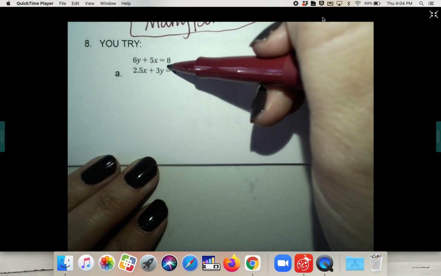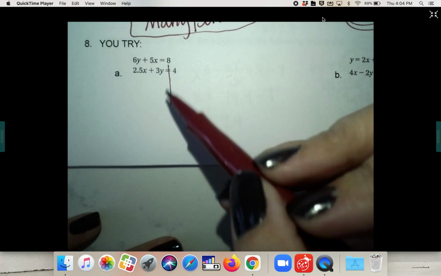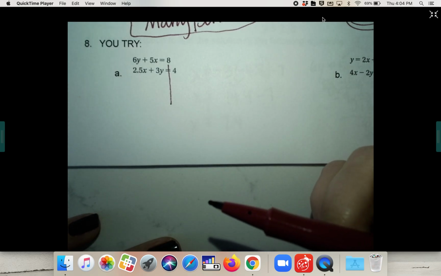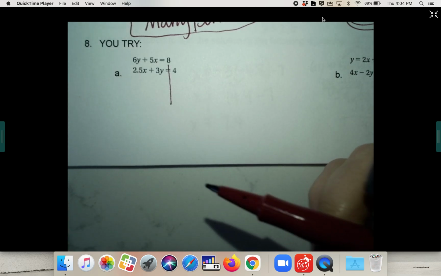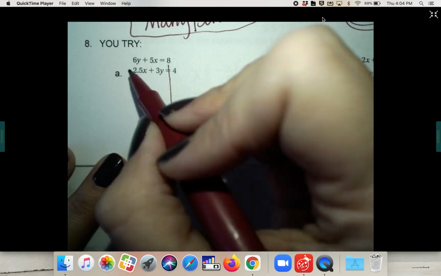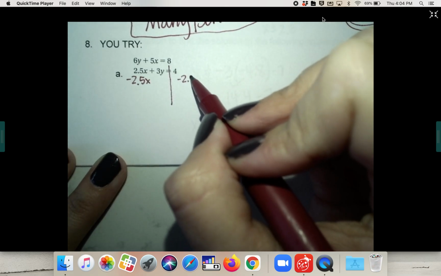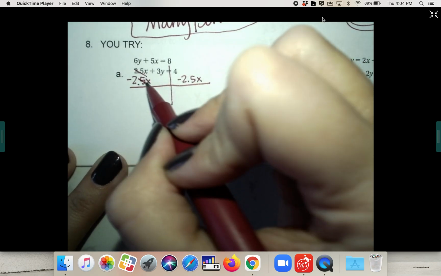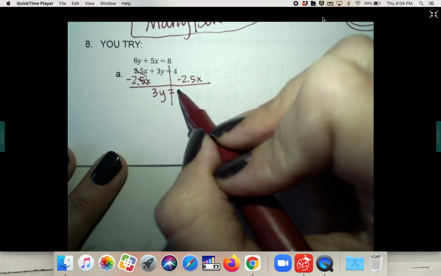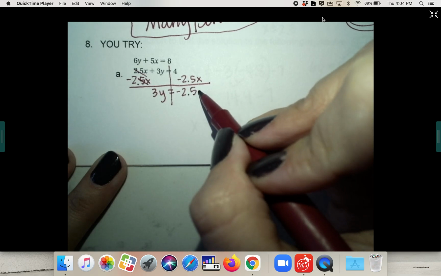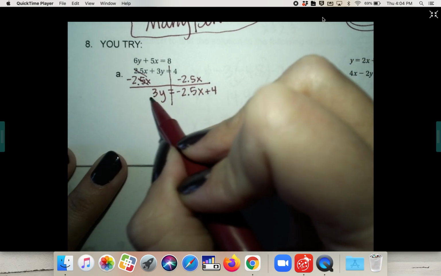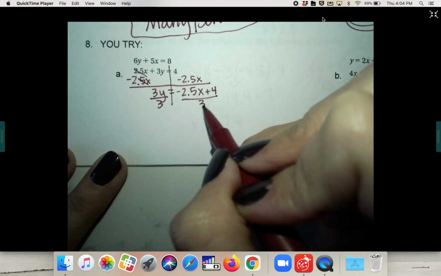So let me just do the bottom one just because it's down here and so I won't have to move it. I am going to get, it doesn't matter, y by itself. So I'm going to subtract 2.5x. I'm going to have negative 2.5x plus 4. I have to divide both sides by 3.